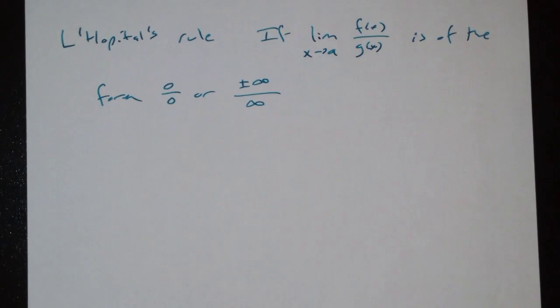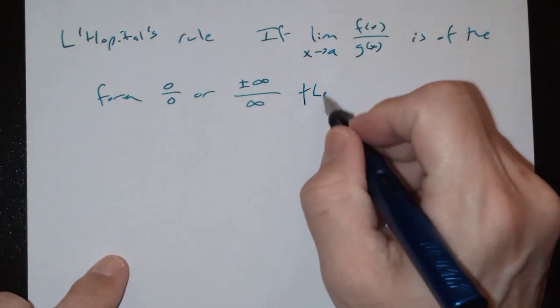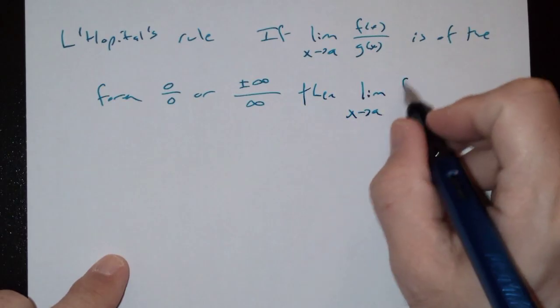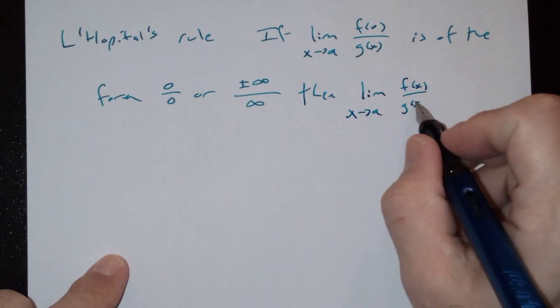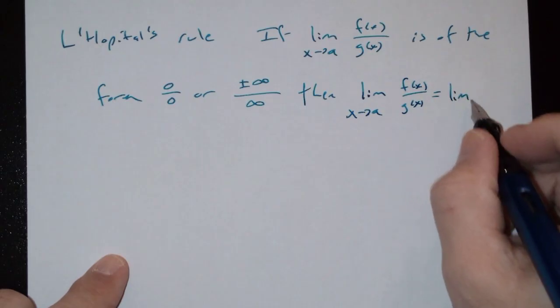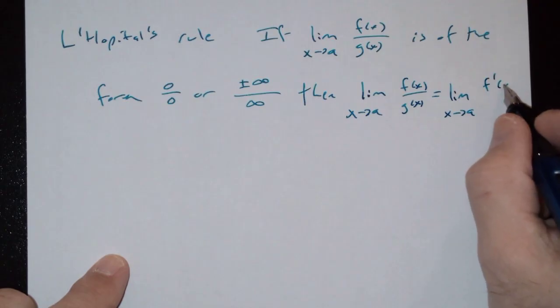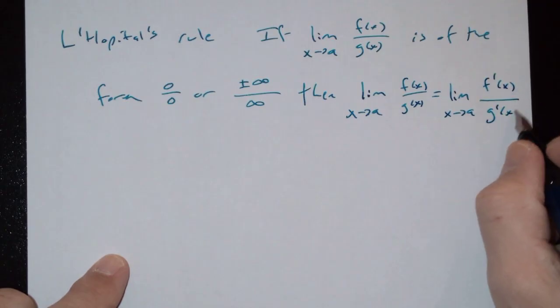One could be positive, one could be negative, they both could be positive, they both could be negative on the infinities. Then the limit as x approaches a of f of x over g of x is the same as the limit as x approaches a of f prime of x over g prime of x.